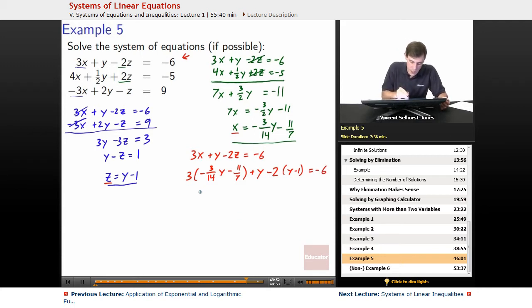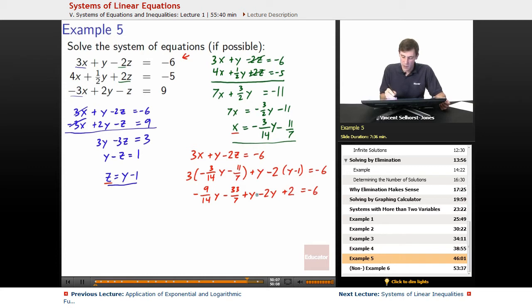We start working this out. 3 times negative 3 over 14 becomes negative 9 over 14 y, minus 33 over 7 plus y minus 2y plus 2 equals negative 6.